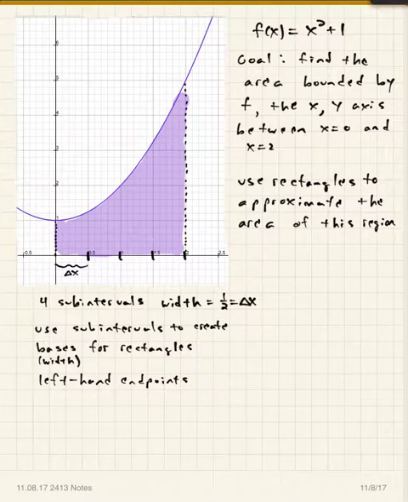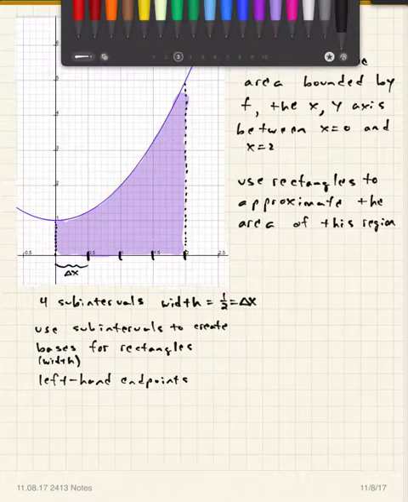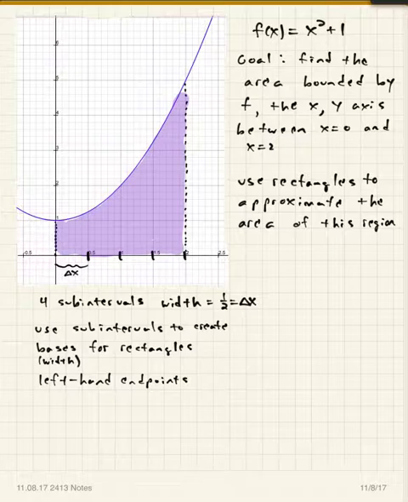We're going to use the function values at those left-hand endpoints to actually create rectangles. The first subinterval goes from 0 to 0.5, and the left-hand endpoint there is at 0. That red line is going to establish the height of the first rectangle. The second rectangle will be above the second subinterval, and we'll use its left-hand endpoint to establish its height.